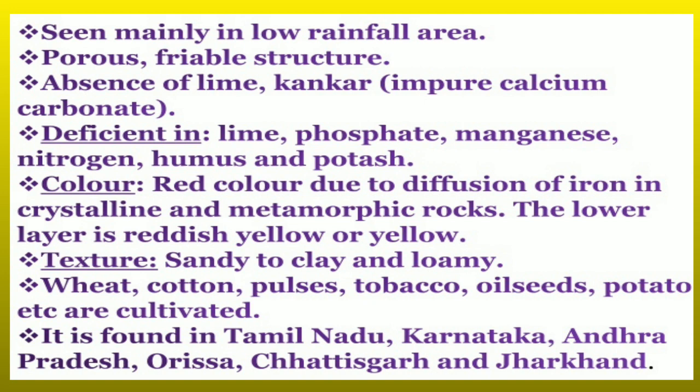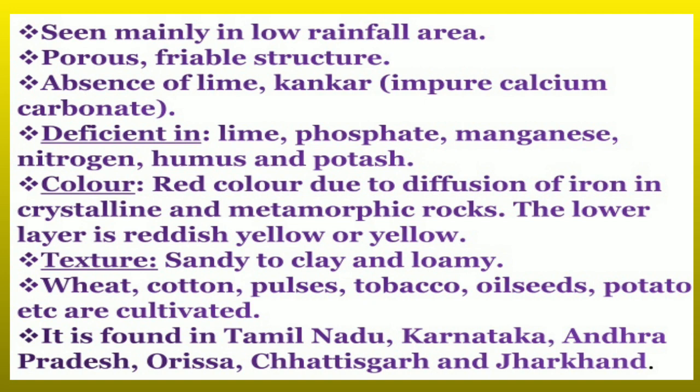A perforated structure, or porous, means the soil is suitable for underground activities. For example, we grow radish and carrot. These grow inside the soil and they can grow easily in such porous soil.